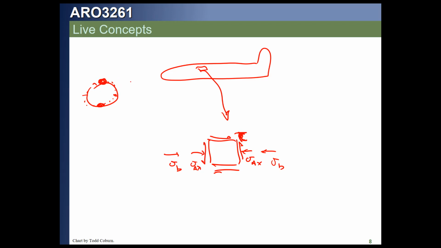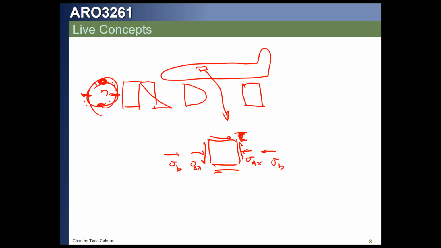Our bending distribution will be tension on the top, compression on the bottom. Our shear will give us a distribution of stress that increases. So we have max shear right here at the window belt where some idiot cut a hole in the fuselage, and minimum stress top and bottom. If we also have torsion on the thing, then our torsion will give us a constant shear stress acting all the way around as it resists that torsion.